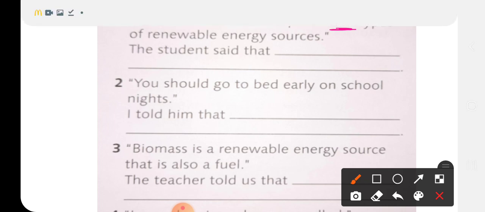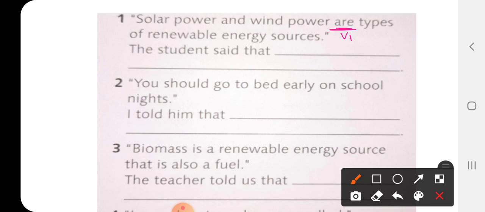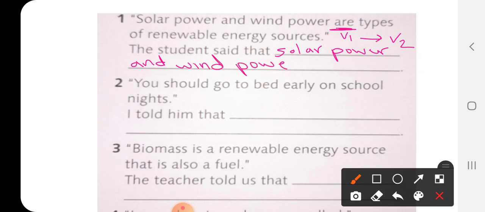Are is verb 1. We have to change it into what? Into verb 2. What is verb 2 of are? It's were, right? So the student said that solar power and wind power were, okay, were, and the rest of the sentence, which is what?